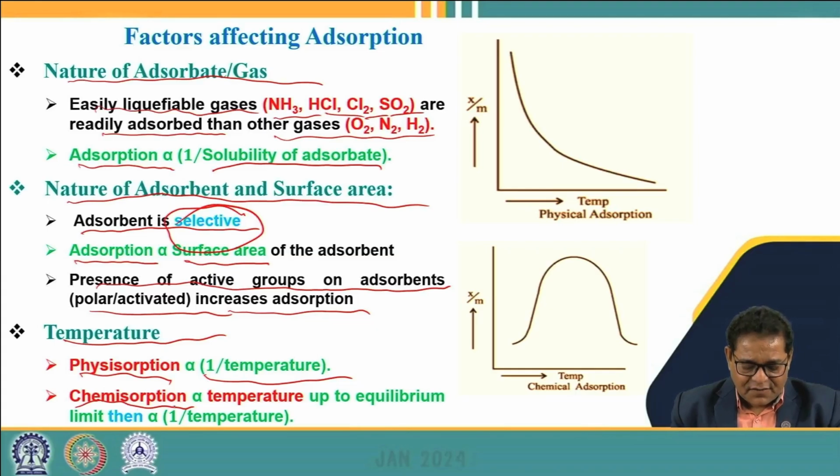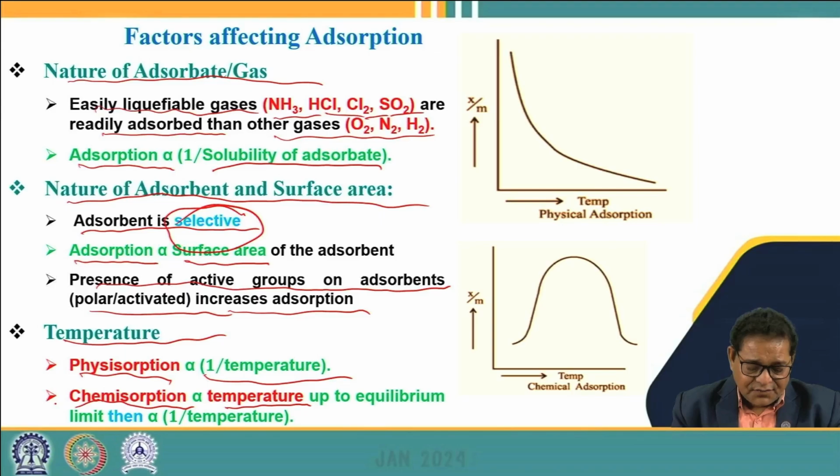Whereas in case of chemisorption process, this process again is temperature dependent up to the point where the equilibrium limit is reached, then it is inversely proportional to the temperature.